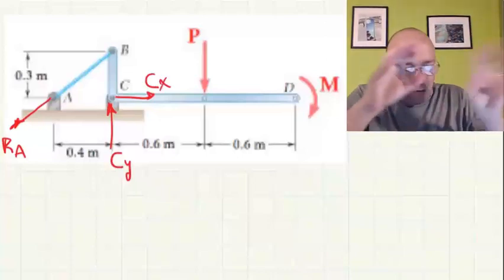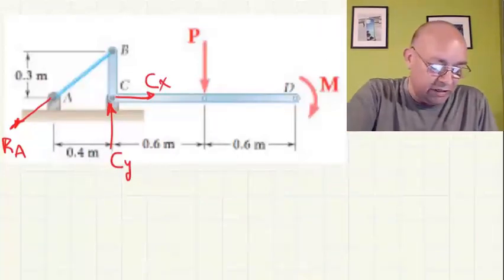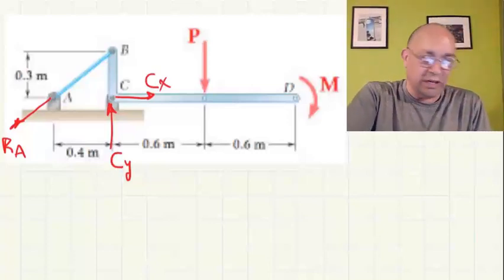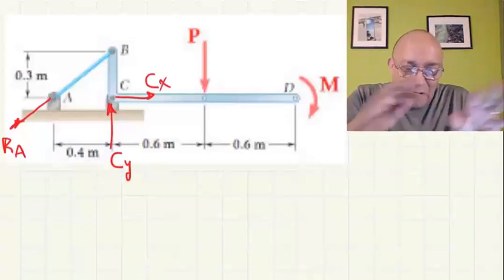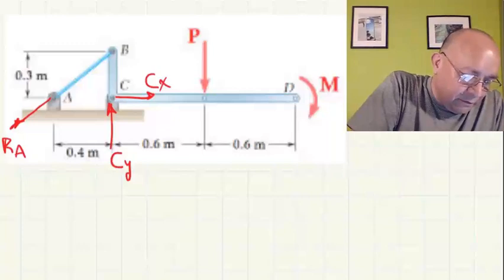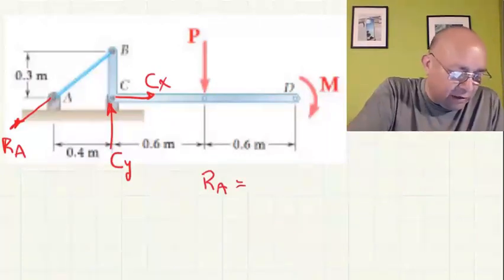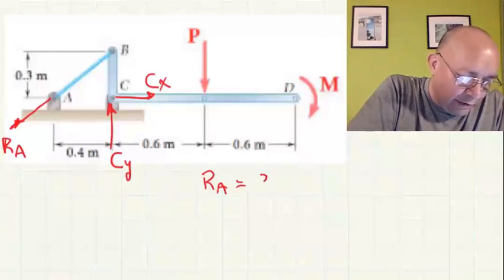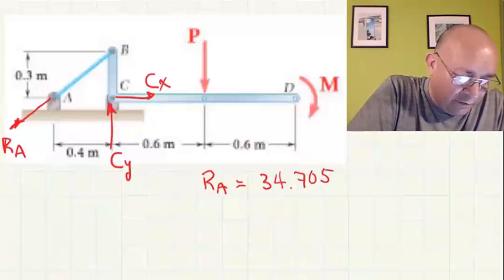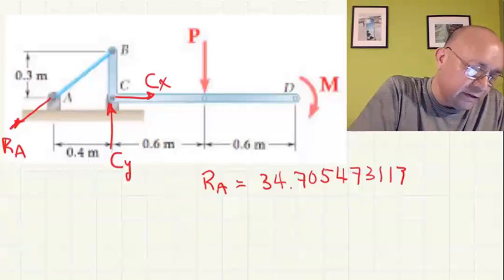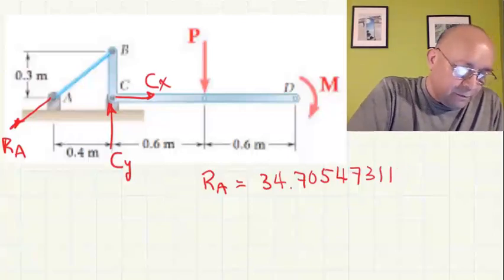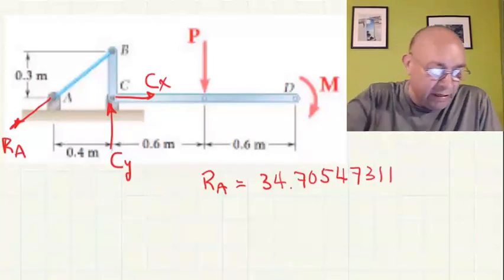And you make a bunch of calculations. I'm not going to do the calculation here. The idea is not to do the actual problem here. But let's say you do your calculations, and for reaction at A, your calculation gives you a number like 34 point whatever, 703547311 or whatever. The calculator will give you many digits.